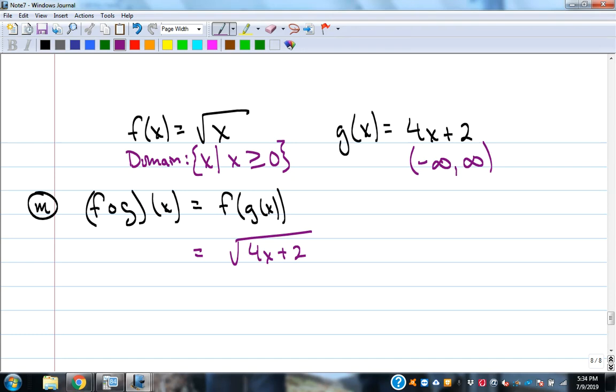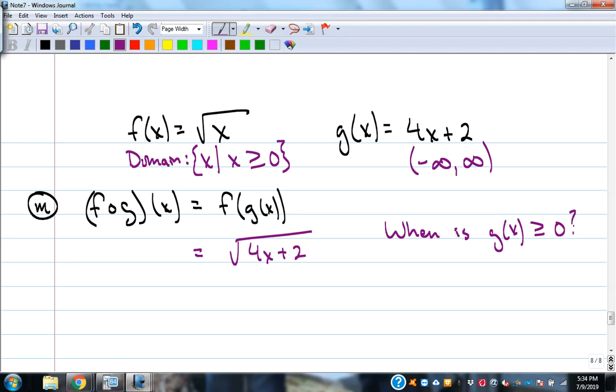Okay. Now, the way you need to think about composite function domains, even when they get a little bit more complicated, is look at this and say, okay, if I'm going into the f of x function, I need to know when is the g of x function going to meet that restriction? When is g of x greater than or equal to 0?